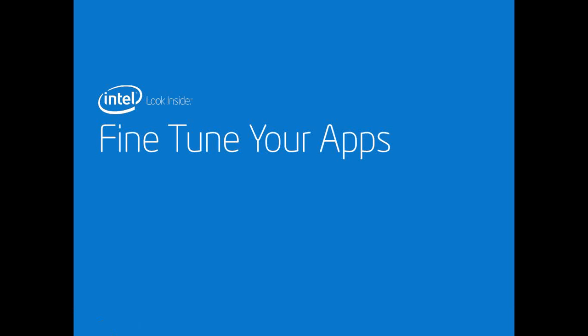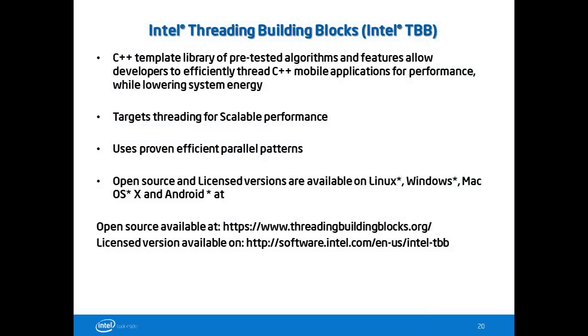So we have seen how to use optimized libraries so that your application also is optimized with respect to the underlying hardware platform. Now we will look at yet another tool that will help you fine-tune the performance for different cores within a processor.